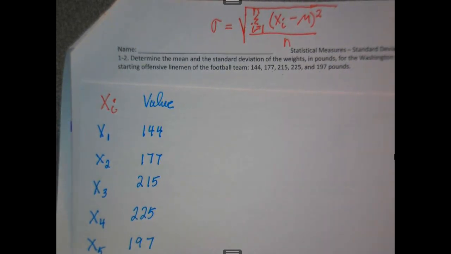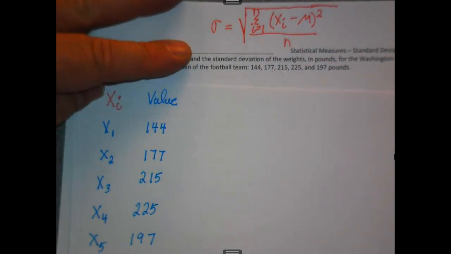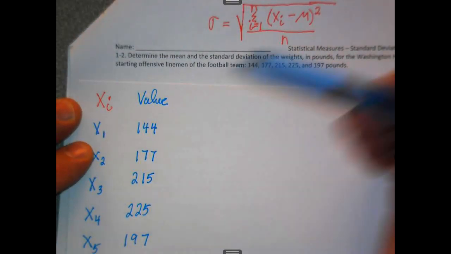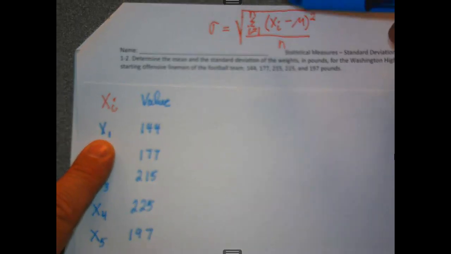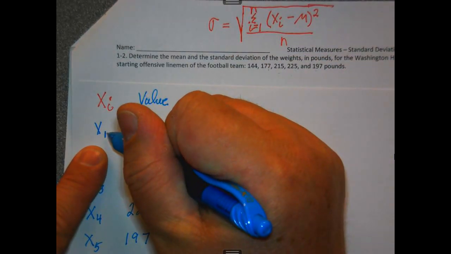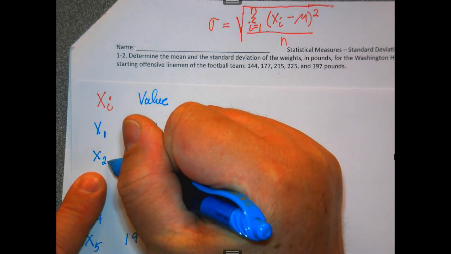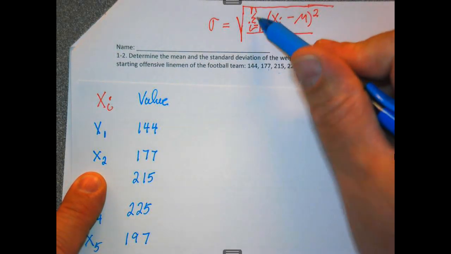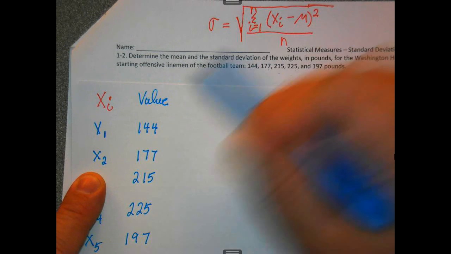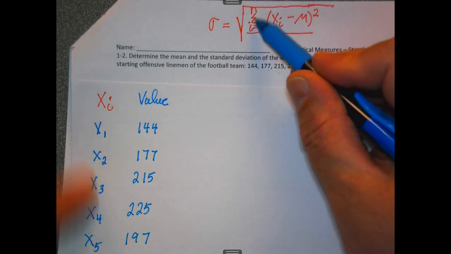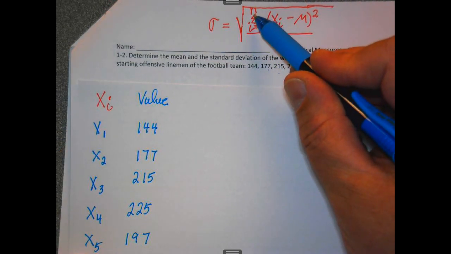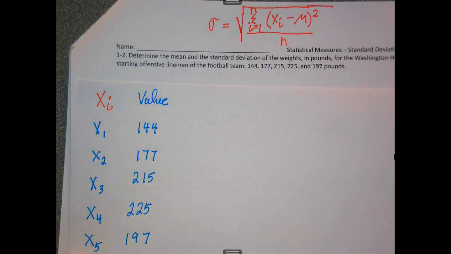I will get the summation symbol in a minute. But you do understand that this x of i means each one of these values. So here i equals 1. Here i equals 2. Okay. And we're also going to add all of these values together, the sum between 1 and our n, which happens to be 5. Okay, so n equals 5.